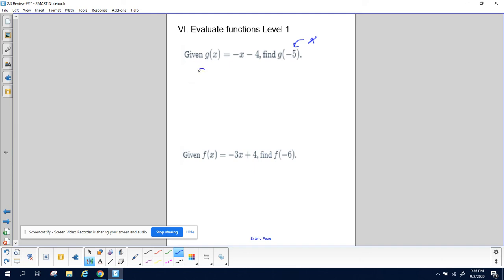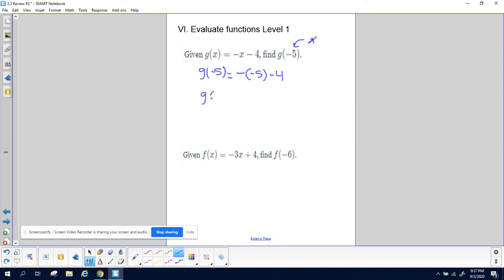Now, technically, we can write insert negative 5 for x right here. Oh, come on, need the pen. And then I see another x, so I have to put that minus sign or negative, and also x is negative, and then they want me to subtract 4.